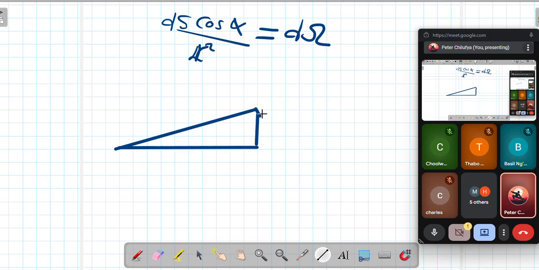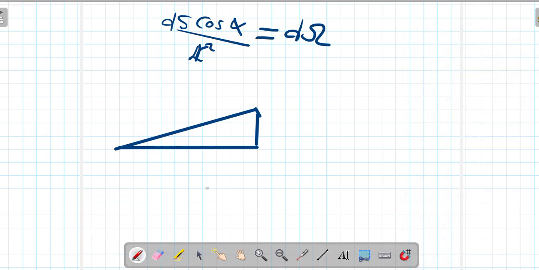Forget about this kind of thing here, but imagine this is a right angle triangle with an angle alpha. Let's say this is a vector dE, the electric field, where our charge was Q, and it's giving us this vector dE.